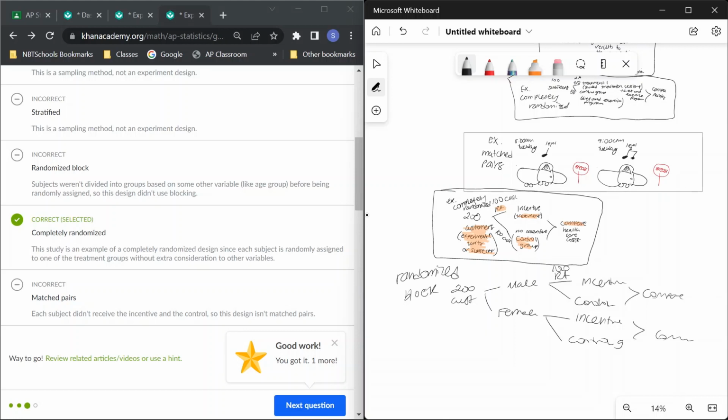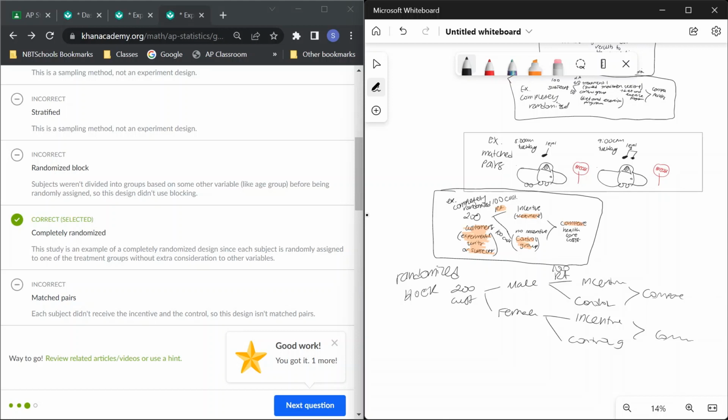A matched pair, I don't think we could do. It wouldn't make sense to do a matched pair with this one because you don't really have the same conditions.